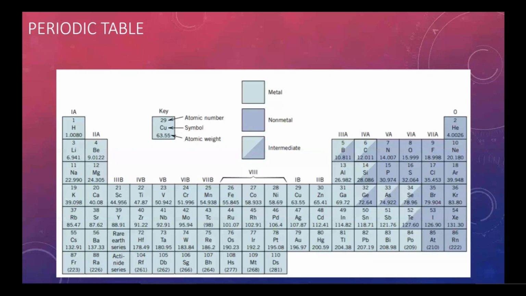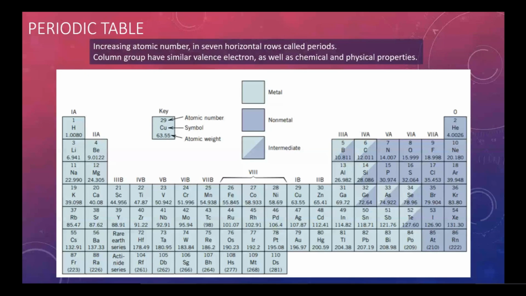Moving on to the periodic table, just having a basic understanding of how the elements are distributed within it: increasing atomic number in several horizontal rows, which are called periods. You already know that columns have similar valence electrons, and this means they have similar chemical and physical properties. Inert gas filled electron shells are stable electron configurations.